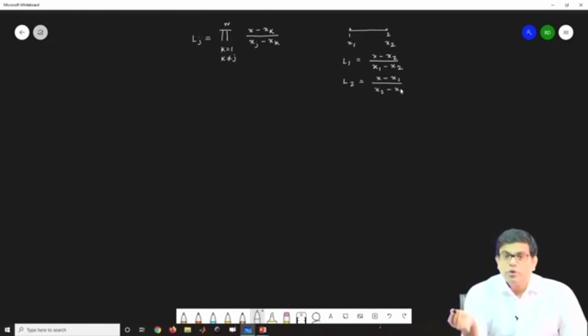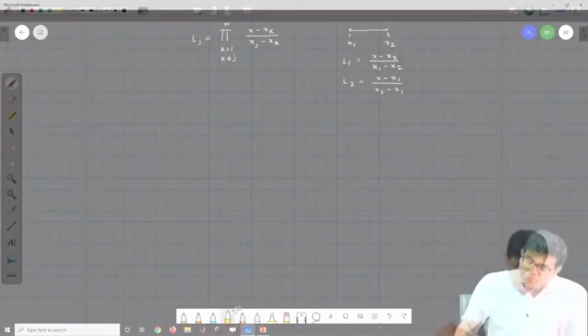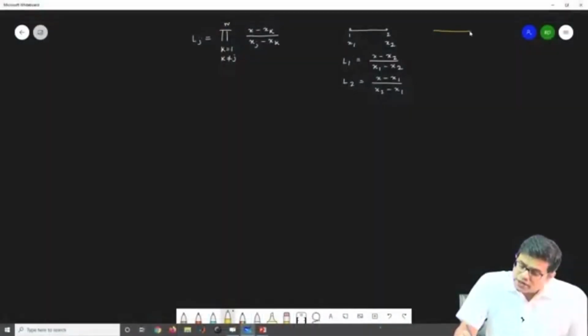So it is an interpolating polynomial, and then if I change it to the local coordinate system, where x1 becomes 0 and x2 is Le, if the length is Le, then this polynomial looks like this: L1 is 1 minus x by Le, and L2 is x by Le.